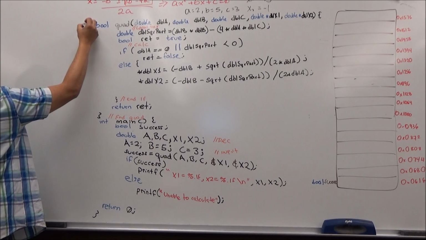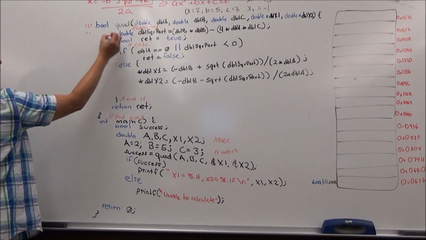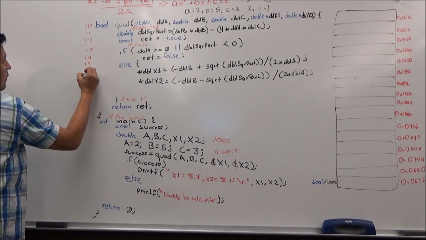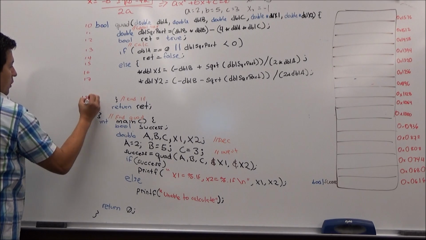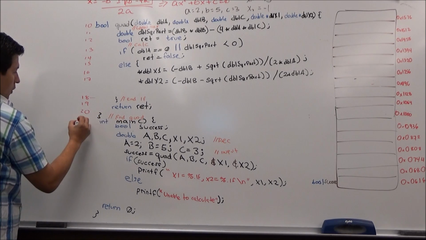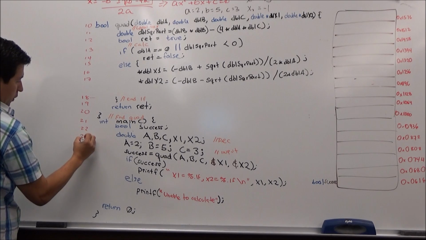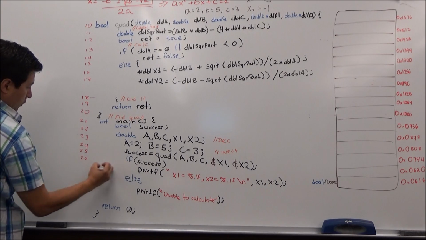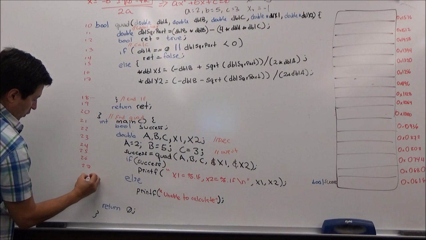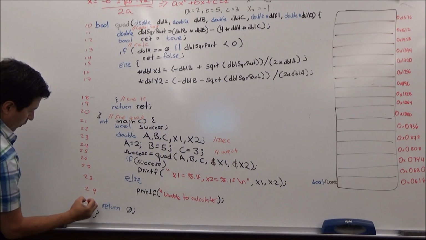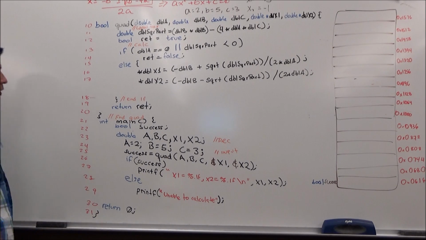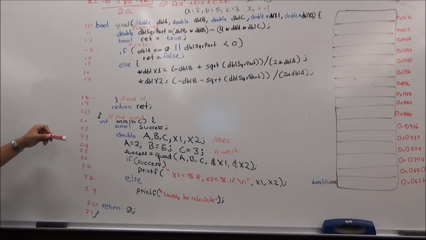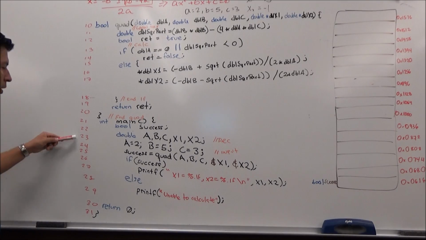So let's say this is line 10, 11, 12, 13, 14, 15, 16, 17, 18, 19, 20, 21, 22, 23, 24, 25, 26, 27, 28, 29, 30, and 31. So those are my line numbers. So I was in line 22, now I'm moving to line 23. So I'm here.